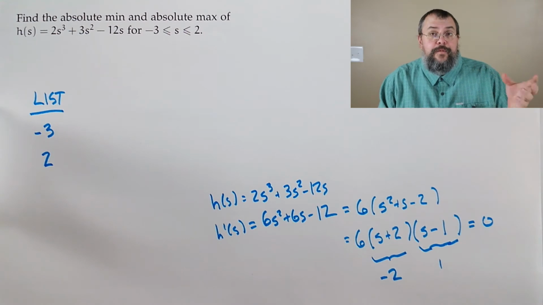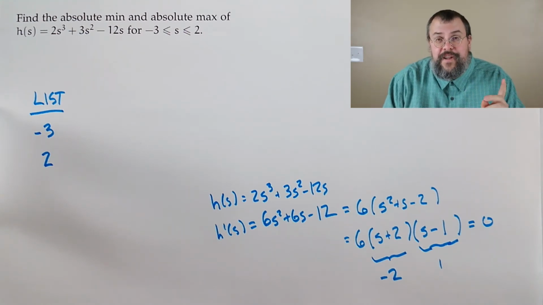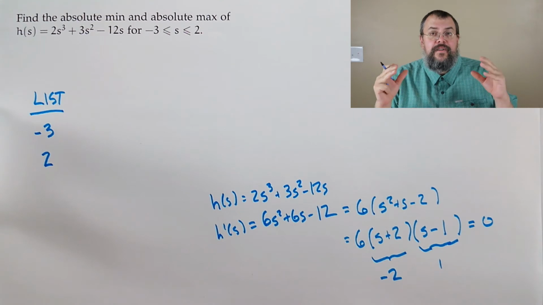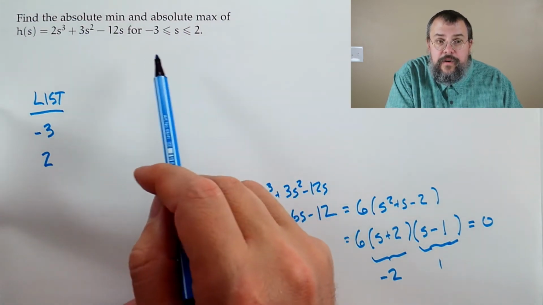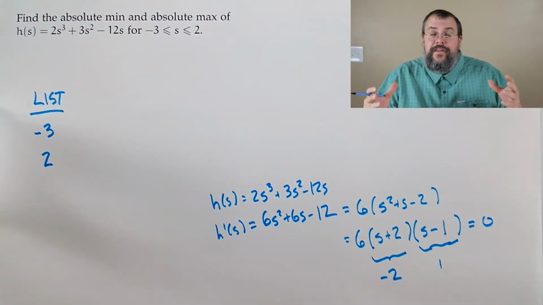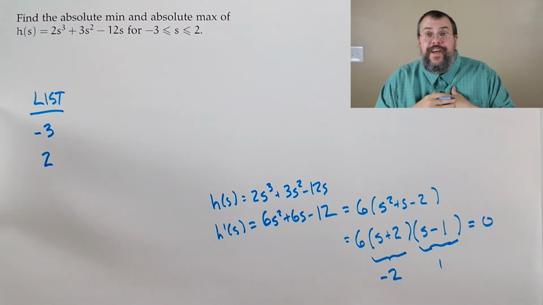So they could be on our list. Now you notice I was a little bit hesitant. They could be on the list. We should check one other thing. Because remember, it's not just that our derivative is 0, it's that our derivative is 0 and we need to be in our range of potential values. You see, what if we had said our derivative is 0 at 10? Would we care if our derivative had been 0 at 10?